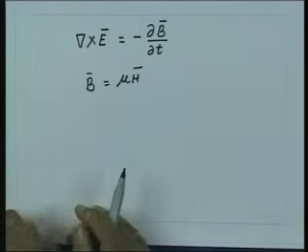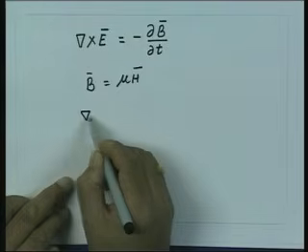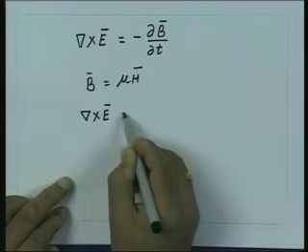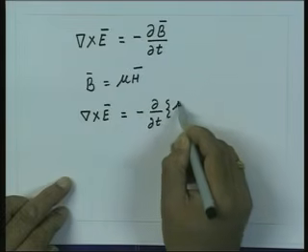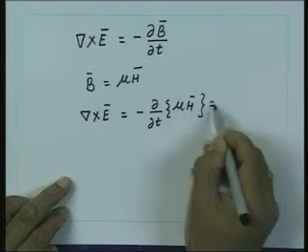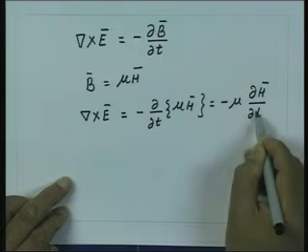Again, if we consider a medium which is not varying as a function of time, that means the medium properties which are captured by the permeability of the medium are not a function of time, I can write B as mu into H, and if mu is not varying as a function of time, I can write here del cross E, that is equal to minus d by dt of mu into H, which is minus mu dH by dt.